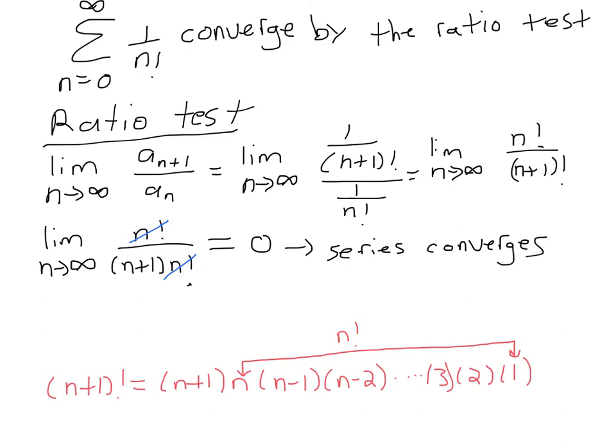So let's look at an example of an infinite series where the ratio test will provide an inconclusive result. Let's try to determine if the sum from 1 to infinity of n plus 1 over n cubed plus 2 will converge or diverge, and let's use the ratio test.